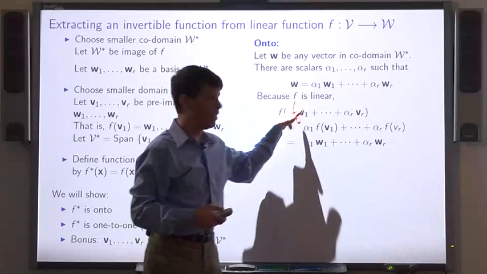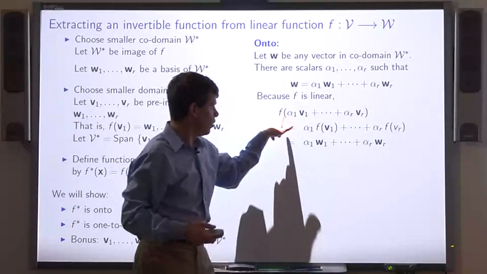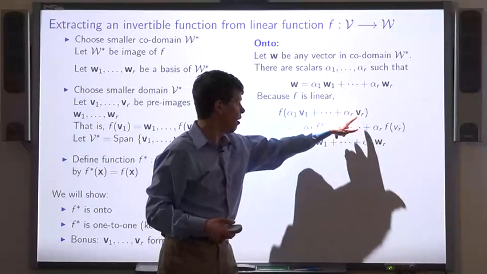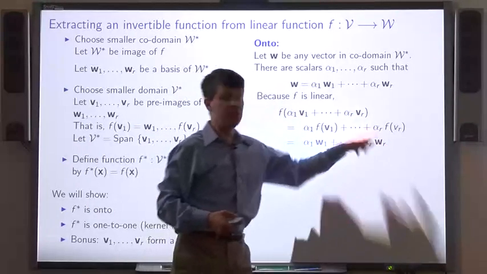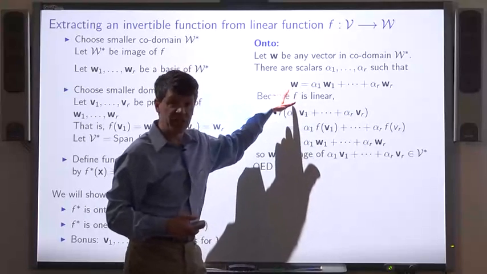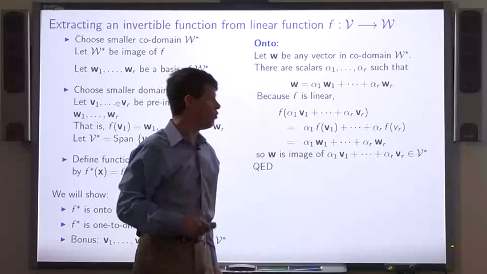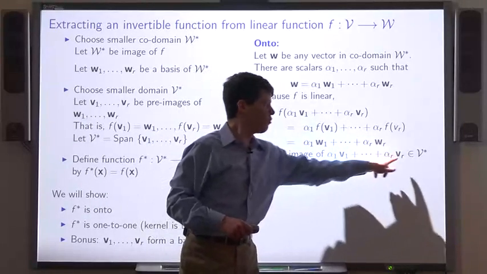Now, because f is linear, when we apply f to the corresponding linear combination of v1 through vr, we get that linear combination of w1 through wr. So that shows that this vector w we started with is the image of something in the new domain, namely the linear combination of v1 through vr given here.